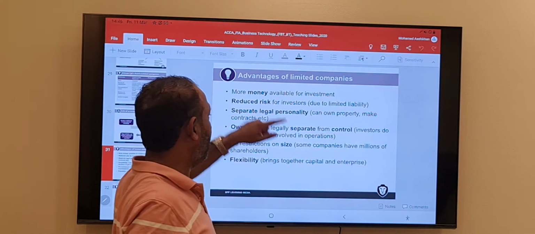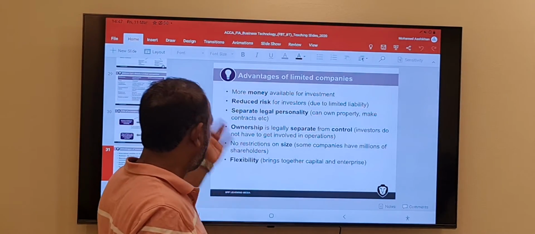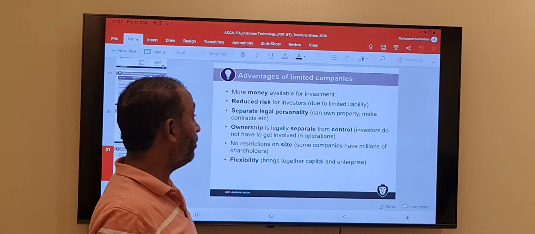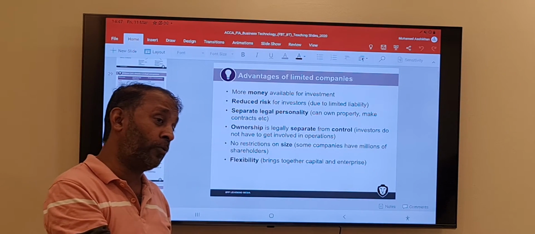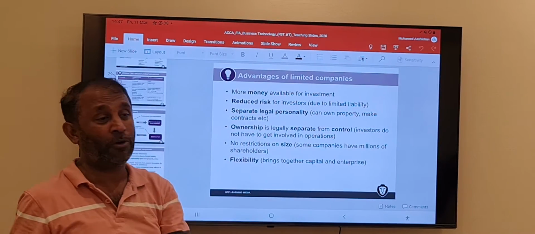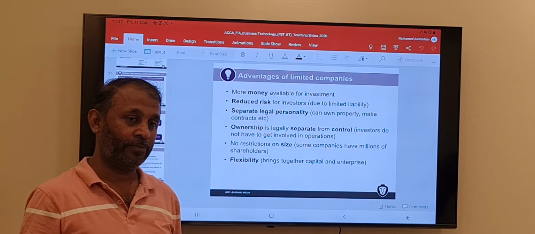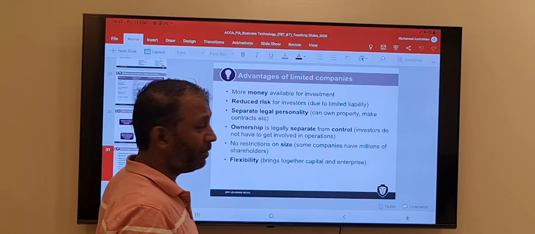For private limited company, all these advantages may not be that applicable. So compared to a private limited company, a public limited company has more money. But the limited company compared to sole proprietorship and partnership has more money. It's a comparative measure. You get me?